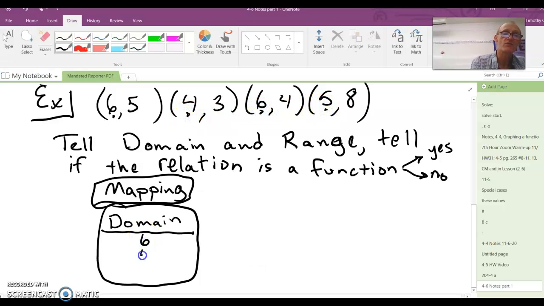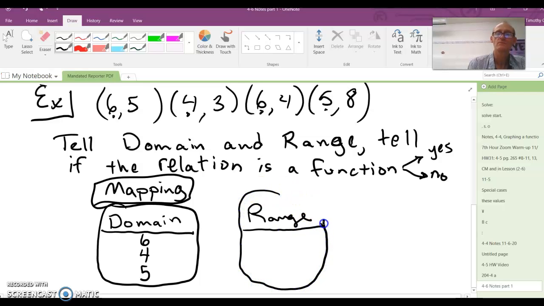Since 6 is already listed, we'll just list it one time. So 6, 4, and 5. And then the range is 5, 3, 4, and 8.